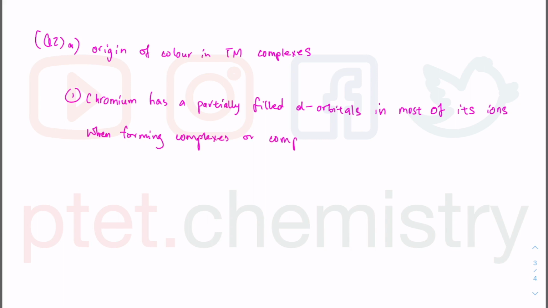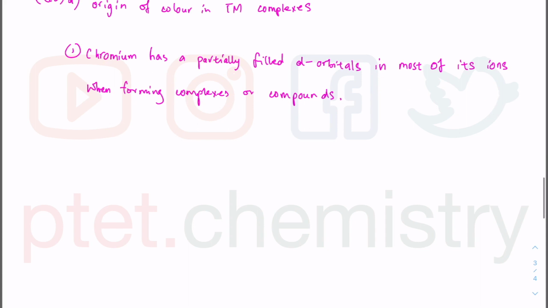This is just an additional point which I don't usually add onto my fixed essay, but I think it's quite relevant, as we are saying there is a partially filled d orbital with d electrons in most of the ions when they form complexes or compounds.